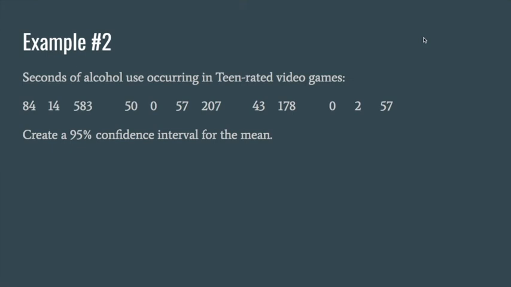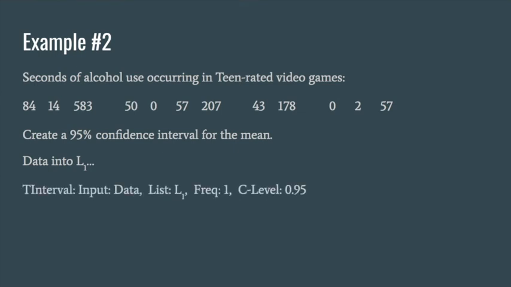So to create a 95% confidence interval, we're going to go back to T interval after we have put the data into L1. Okay, so once again, stat, edit, put your data into L1. Then we go to T interval. On the input side, we tell it to go to data instead of stats. We tell it the list is L1, frequency is 1, and our confidence level is 0.95. That should give you a confidence interval of 1.8382 to 210.66.